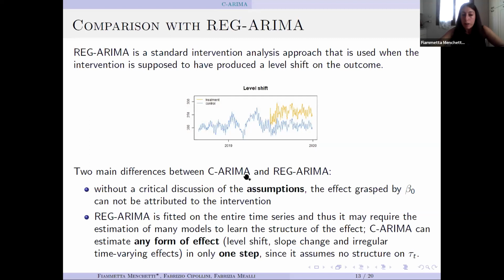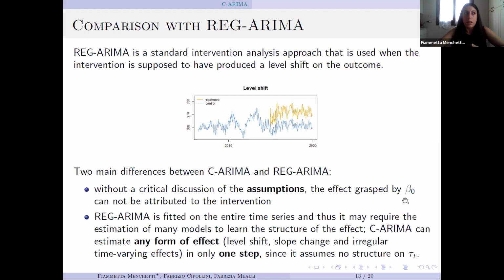Conversely, C-ARIMA doesn't attribute any form to the effect. So we do not have to assume a level shift or a slope change, and everything can be estimated in just one step. The second important difference is that even if you're right about the level shift, without a discussion of the fundamental assumptions underneath your model, you're not sure about this beta zero.